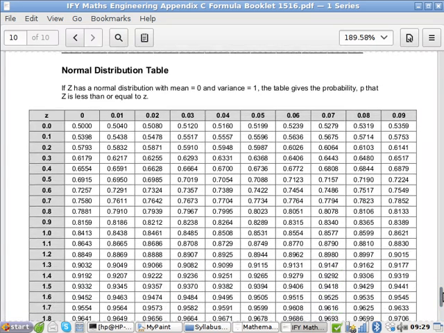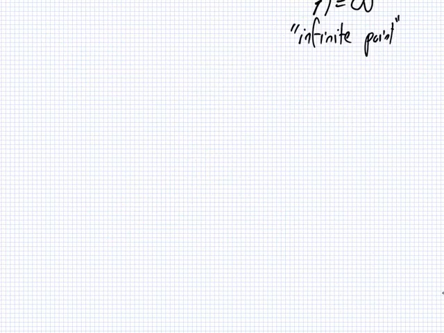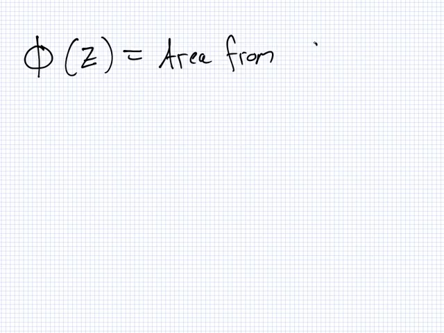Alright, this is the normal distribution table. So let me explain how these work. We have this function, and the way to describe this function, it's the area from minus infinity to z. So for example, there's 0.